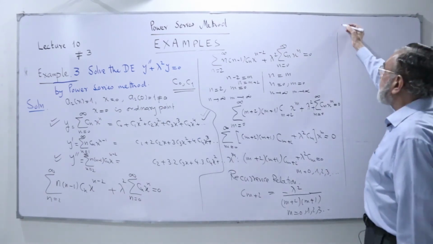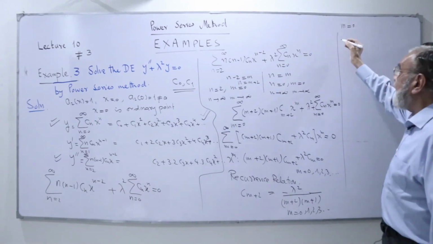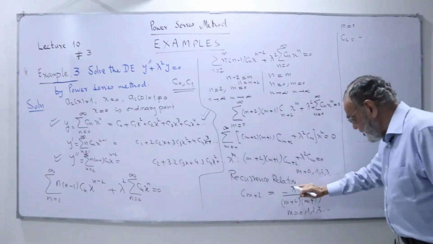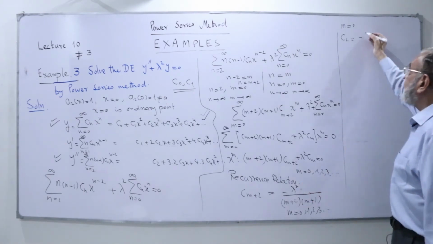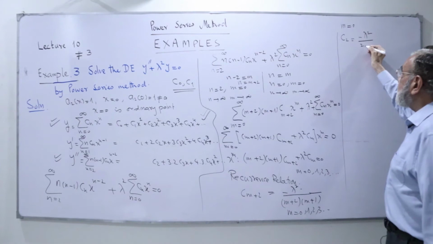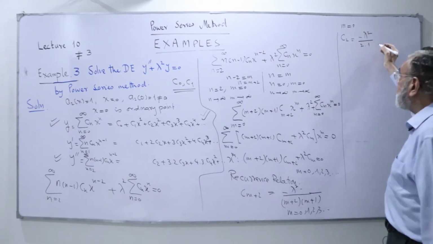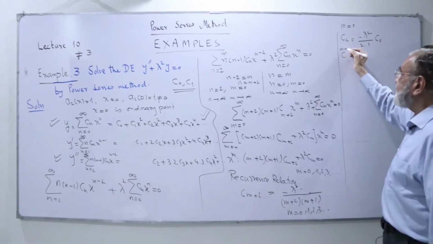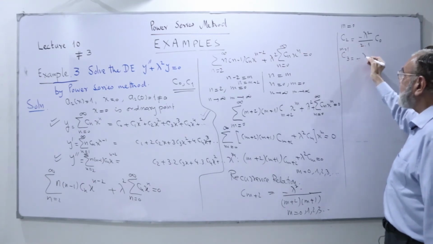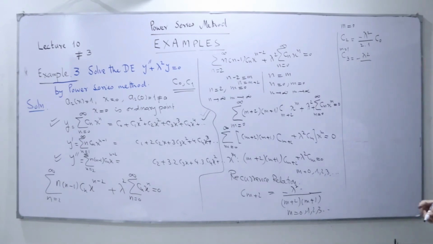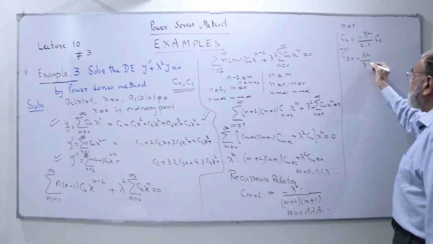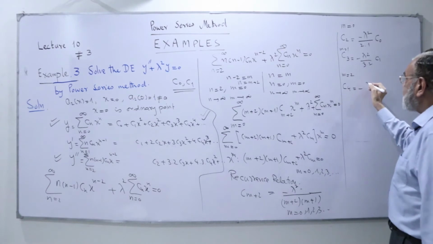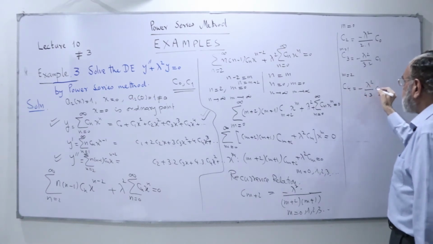We take m equal to 0, we get C2 equal to minus λ² over 2 into 1, times C0. Then for m equal to 1, C3 is equal to minus λ² over 3 into 2, times C1. For m equal to 2, we get C4 equal to minus λ² over 4 into 3, times C2.